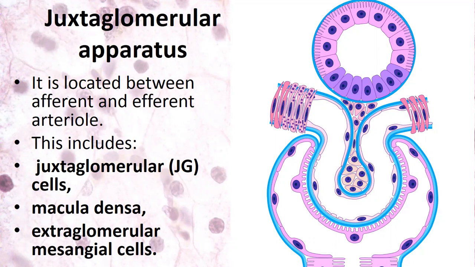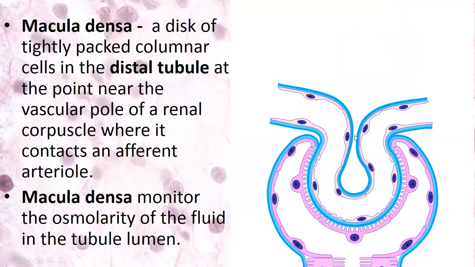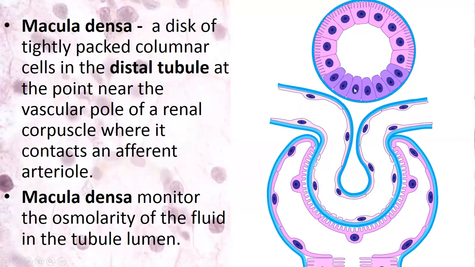And it's located between afferent and efferent arterioles, and it includes juxtaglomerular cells, also macula densa, and extraglomerular mesangial cells. So let's talk about them step by step. First of all, macula densa, it's a disc of tightly packed columnar cells in the distal convoluted tubule at the point near the vascular pole of renal corpuscle.